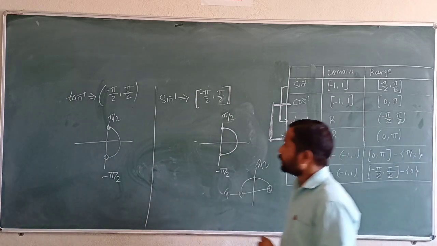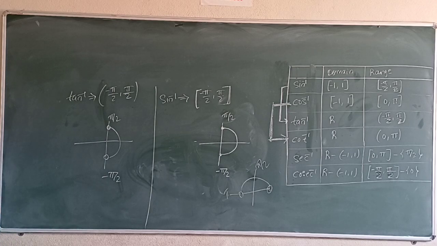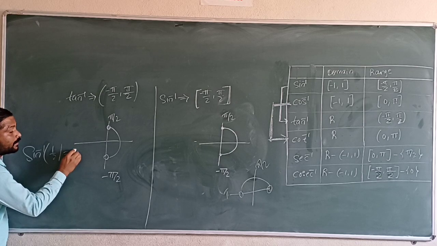Suppose the value is out of the range. How will it be given? I have no idea. For example, sin inverse of 1 by 2 is how many degrees?